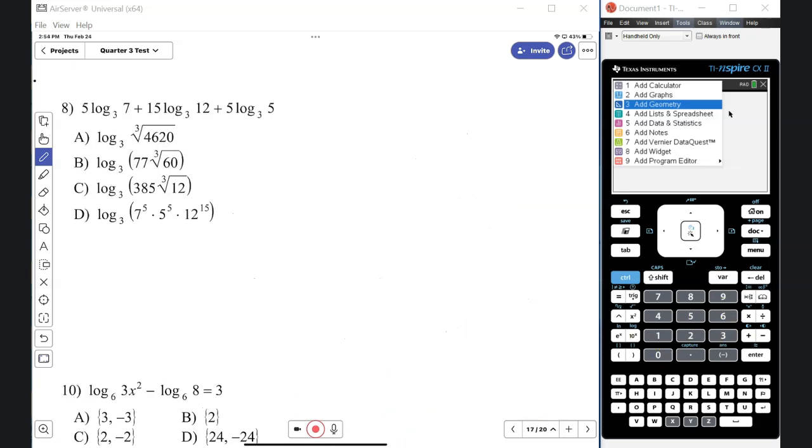So we want to write this as a single logarithm. So I'm going to use the power property. So you have log base 3 of 7 to the 5th plus log base 3 of 12 to the 15th power plus log base 3 of 5 to the 5th.